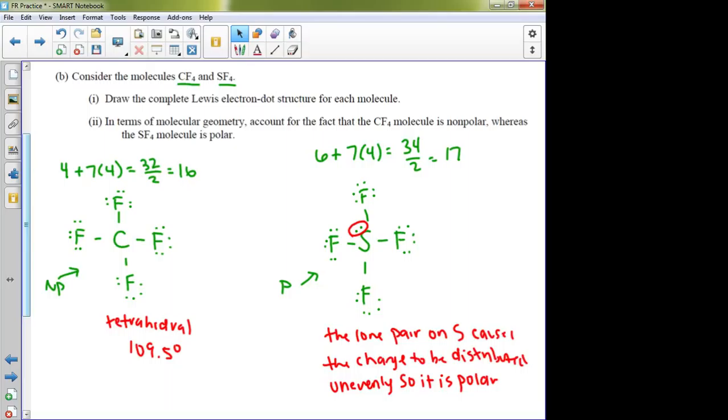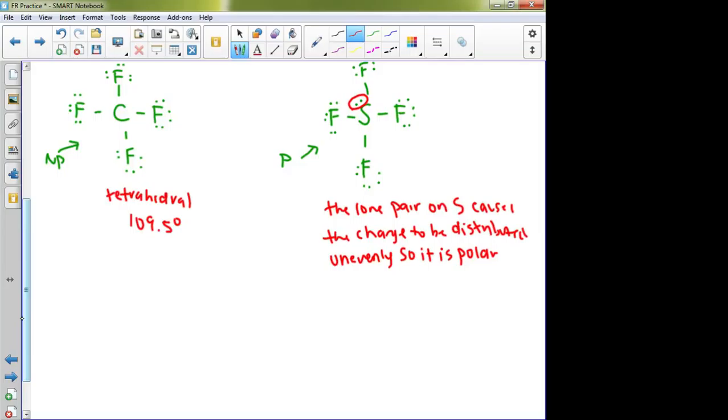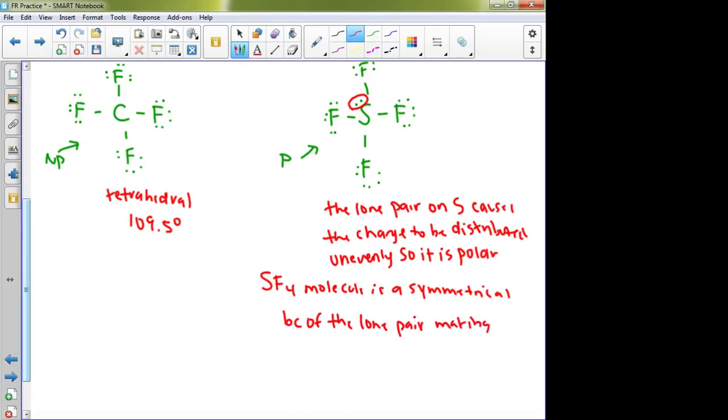Because of this lone pair, if I cut this in half, it wouldn't be symmetrical. So if you want to make it real easy to answer these questions, you could just say the SF4 molecule is asymmetrical because of the lone pair, making it polar.